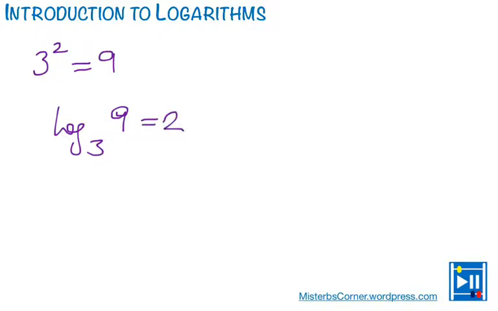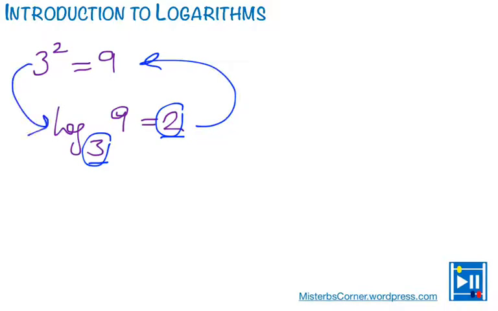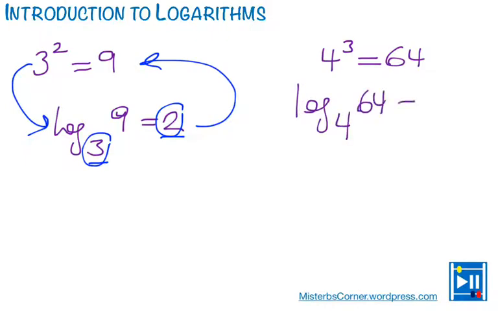The base and power go in these spaces, so from here I can write this, and from here I can write this. This is a circular connection between the two. Or another example: if I say 4 to the power of 3 is 64, then I can say log in base 4 of 64 is 3.